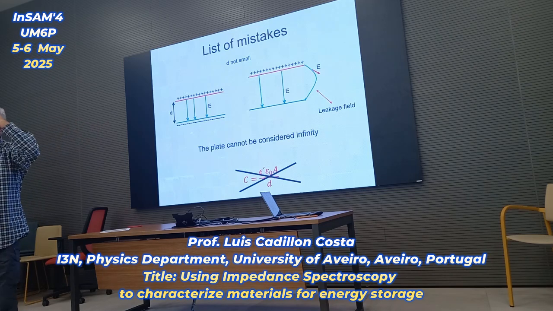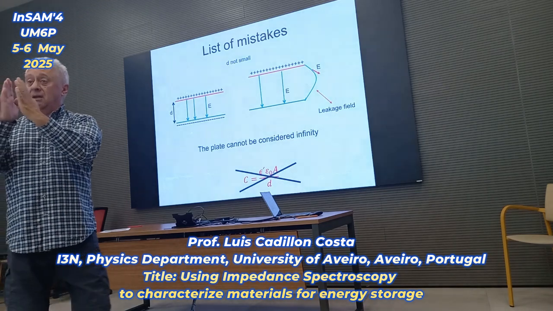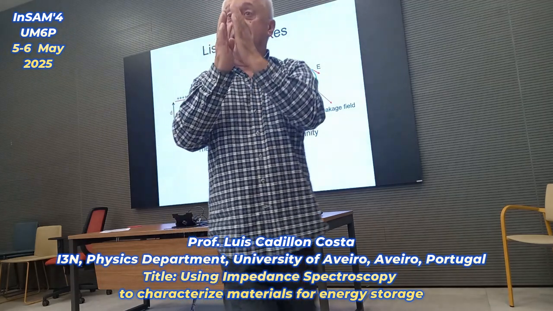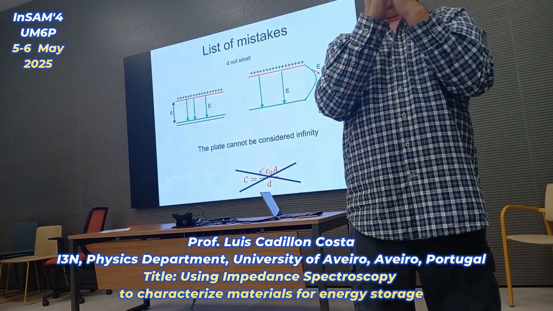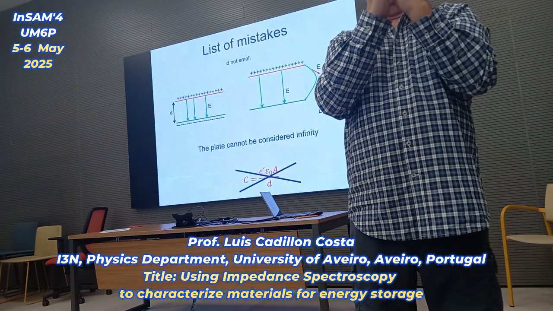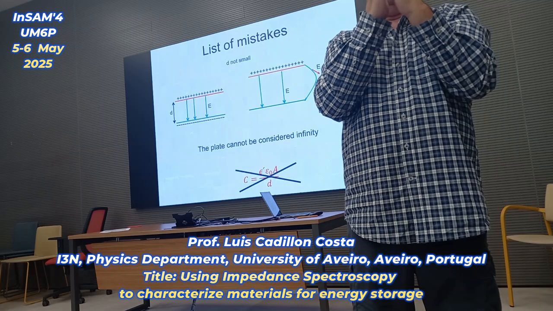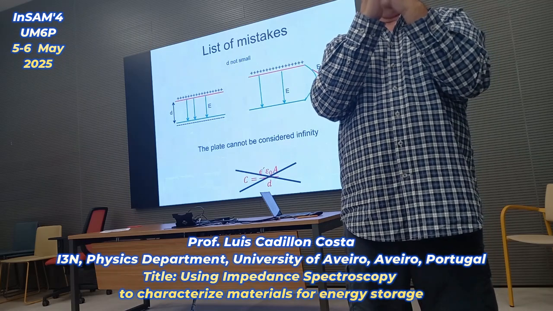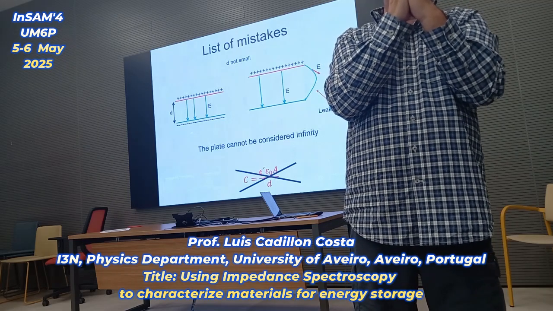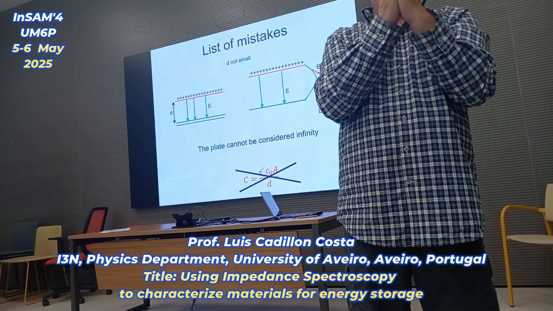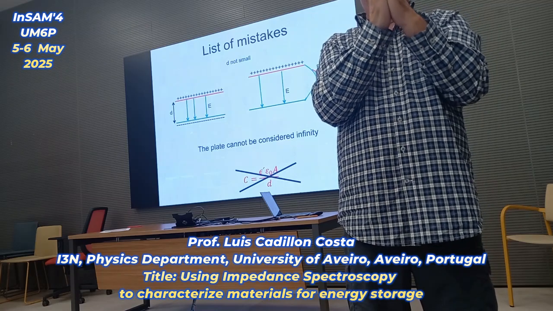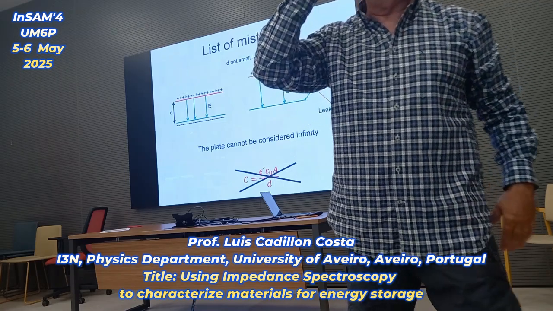And I forgot that if I put 0.05, I cannot put 2 kilovolts. 2 kilovolts was for 1 millimeter. If I pass to half a millimeter, I must divide the voltage by 2, of course. So I forgot that.